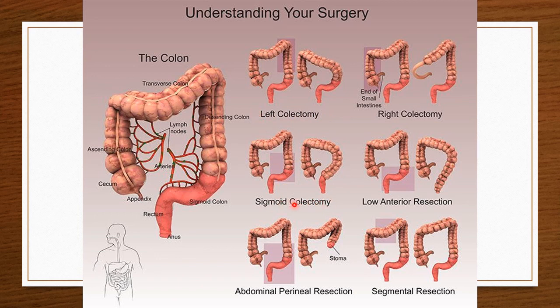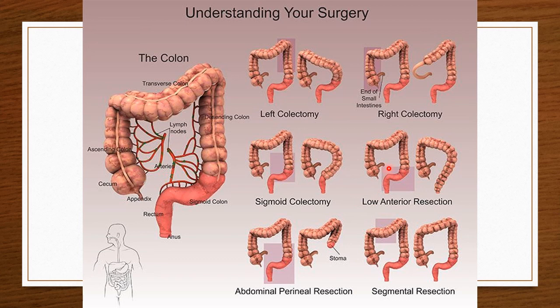This is your sigmoid colectomy, where the sigmoid colon is removed, and then the descending colon is anastomosed to the rectum. Okay, so it's your colorectal anastomosis.